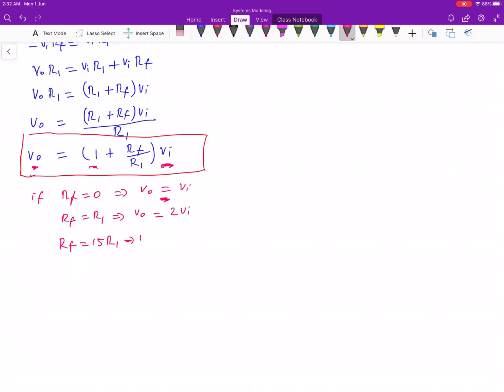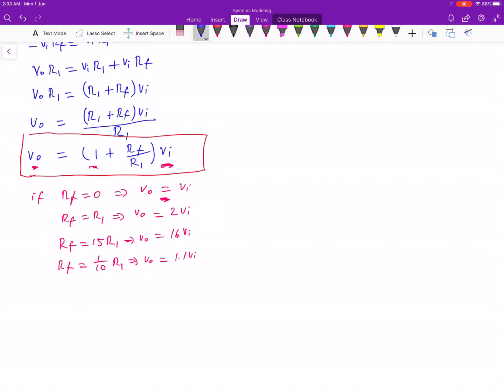This implies that you're going to have V naught equal to 16 Vi. What if you make it very, very small? If Rf is equal to maybe a tenth of R1, then V naught is going to be 1.1 Vi. So again, if you want to reduce your output voltage, do not use this circuit.